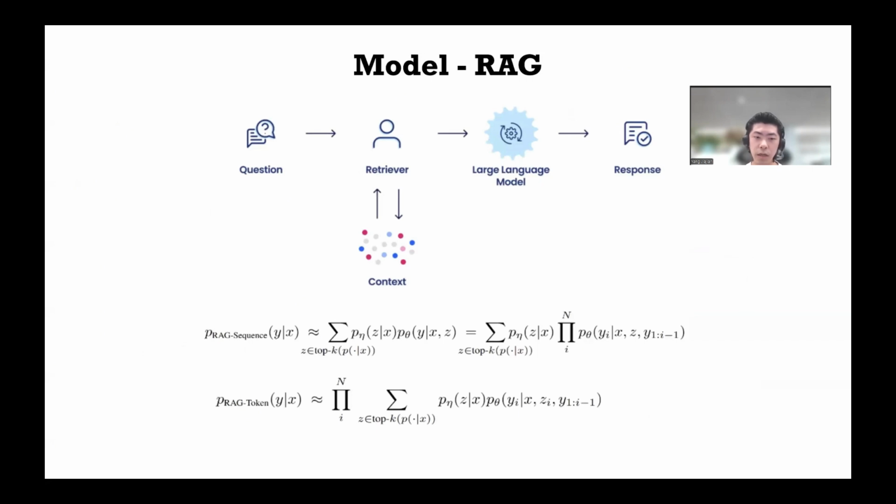Next, let's talk about RAG, Retrieval Augmented Generation. RAG was introduced to improve how models handle knowledge-intensive tasks. Instead of relying on internal parameters, RAG retrieves relevant documents from an external knowledge base during generation. It combines two probabilities: the probability of retrieving a document and the probability of generating an answer based on the document.